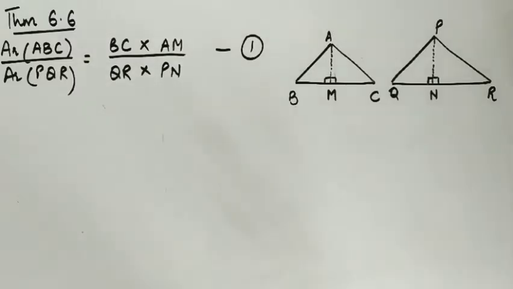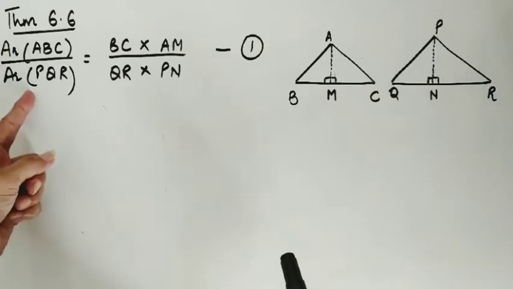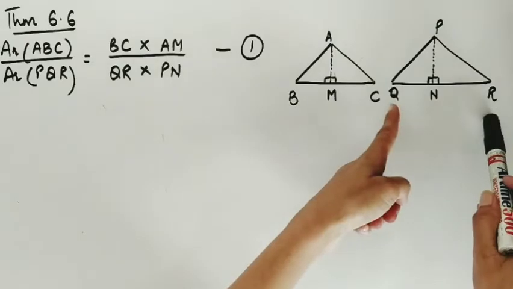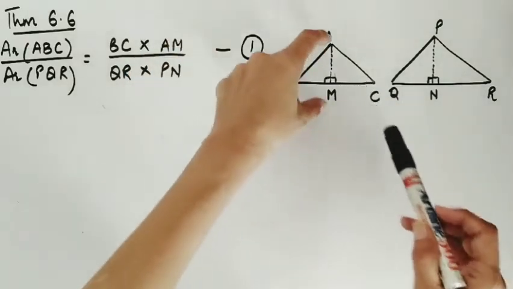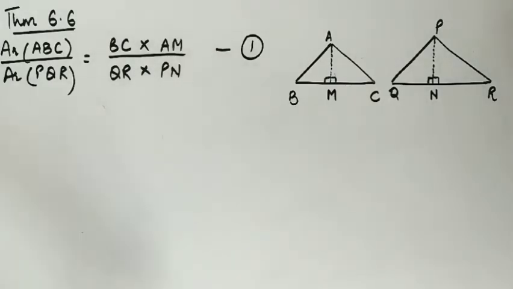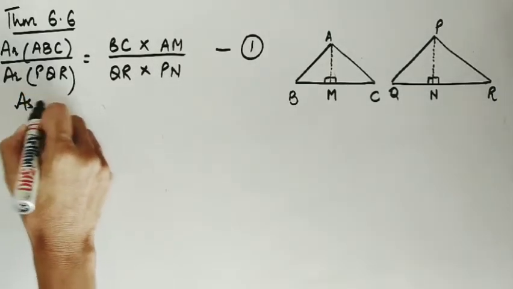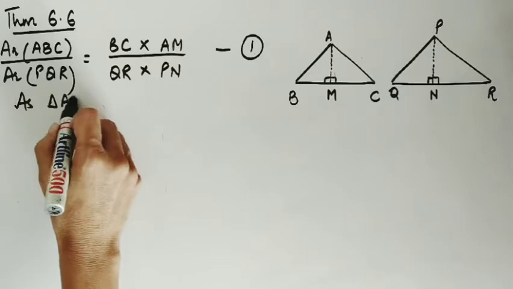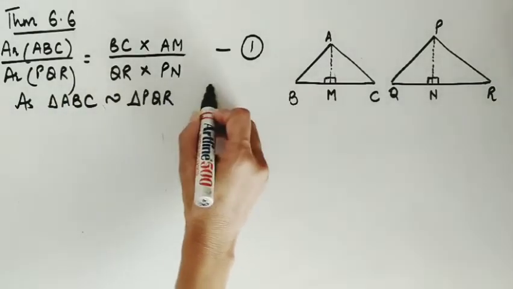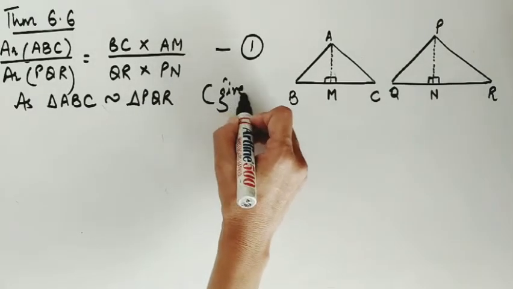The result obtained in the previous step has given us the ratio of area of ABC and PQR as BC by QR times AM by PN. So it's written in the product form. Mark it as equation number 1. Now let's talk about the complete triangles. Triangle ABC is similar to triangle PQR, this information is given to us, right?